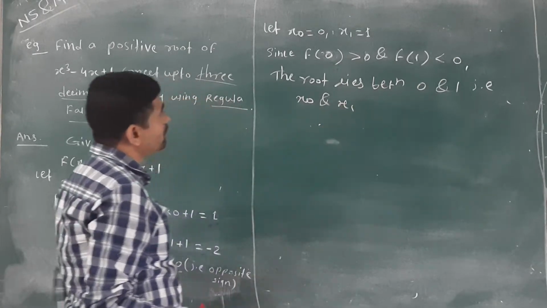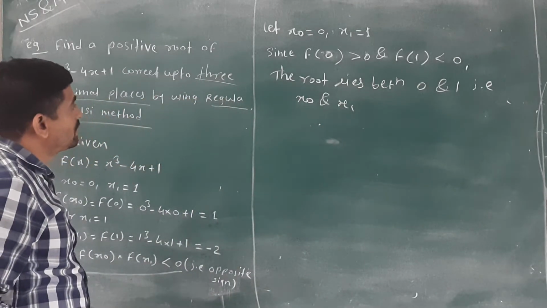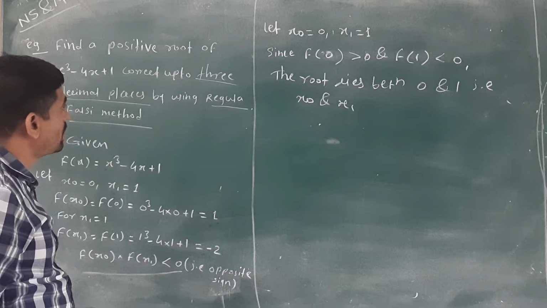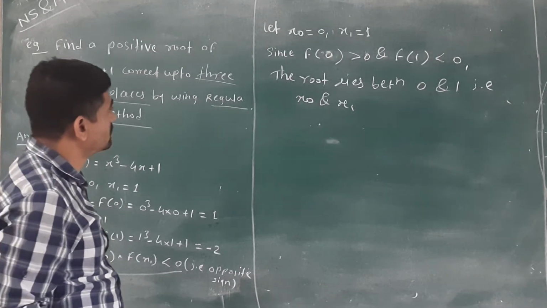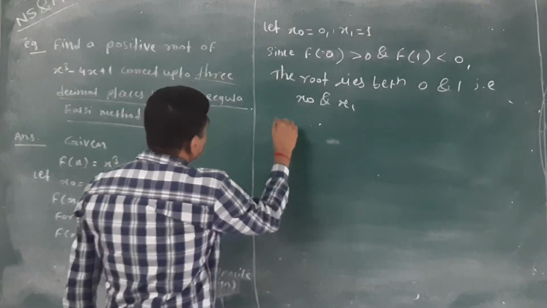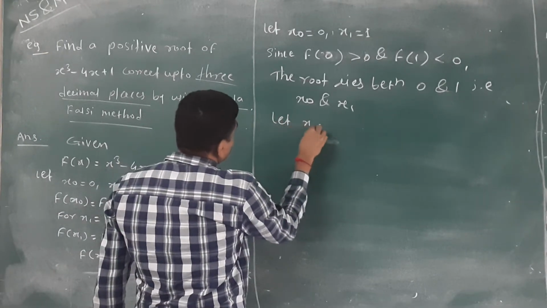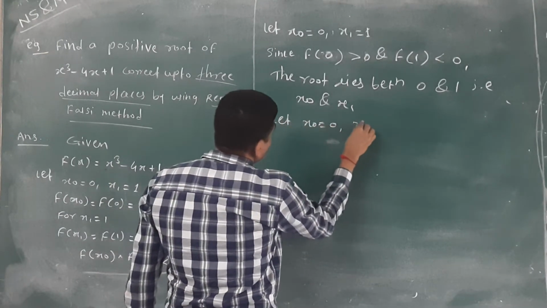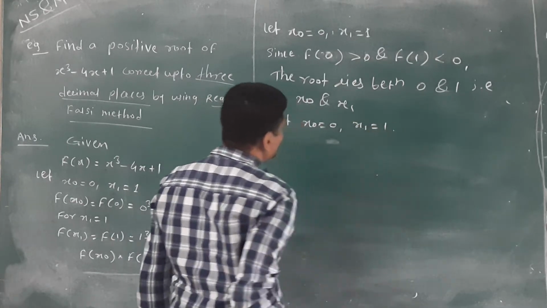The root lies between 0 and 1, that is x0 and x1. Then we consider x0 = 0 and x1 = 1.